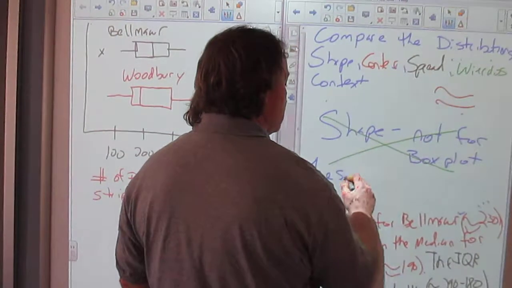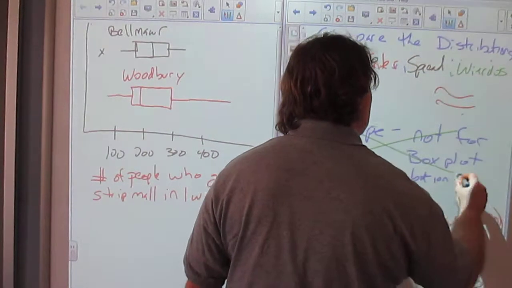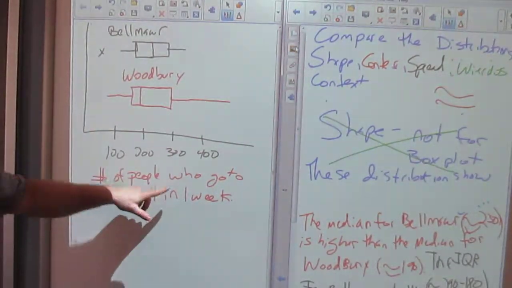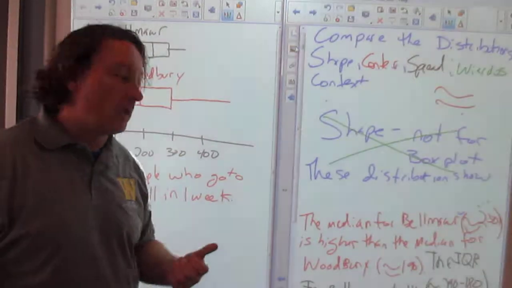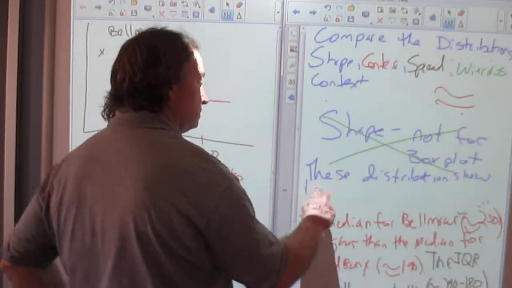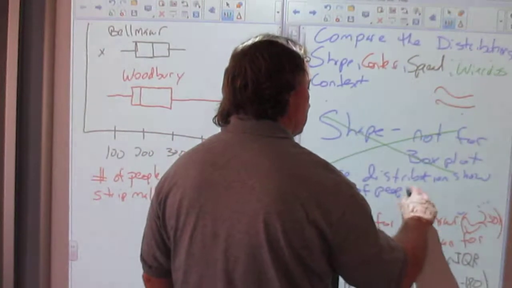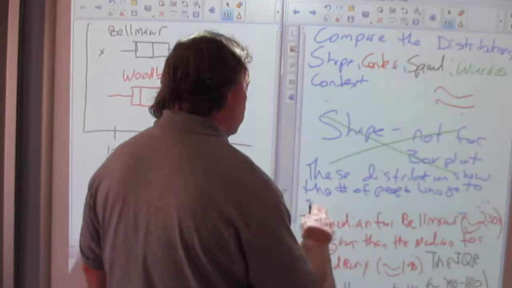We have to tell them these distributions show, and it's very simple with context, the number of people who go to strip malls in 1 week in Belmar and in Woodbury.